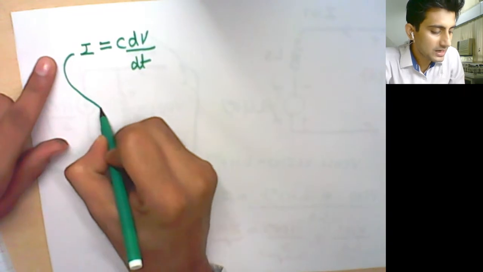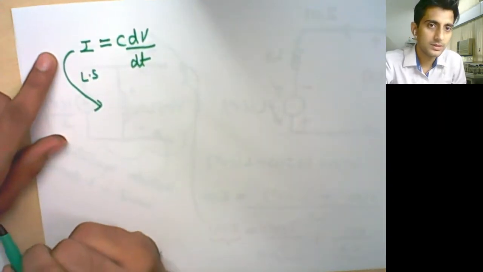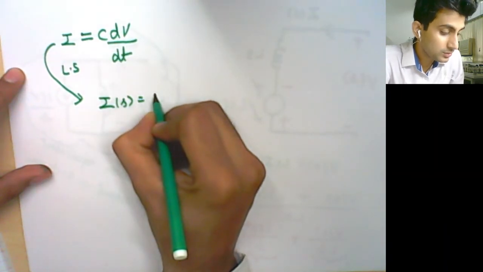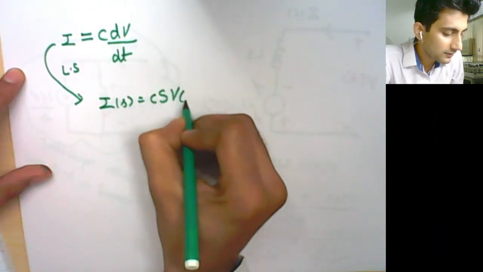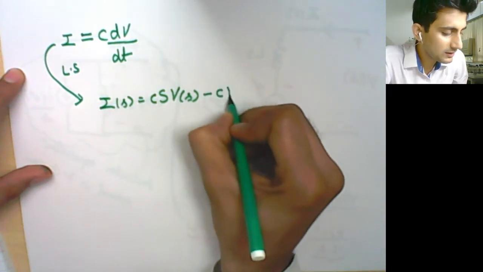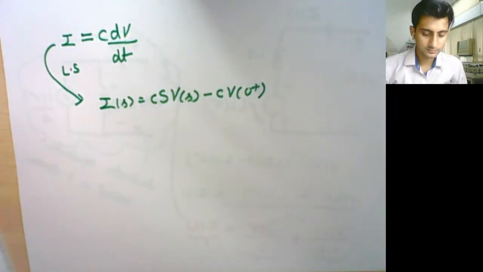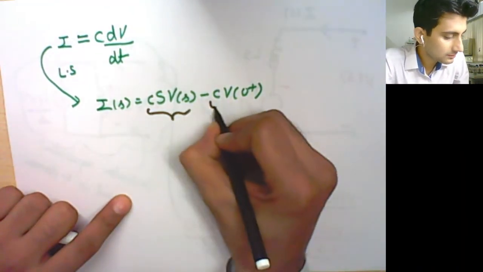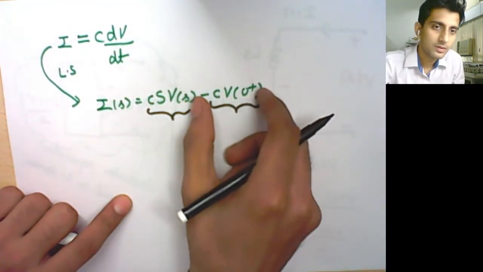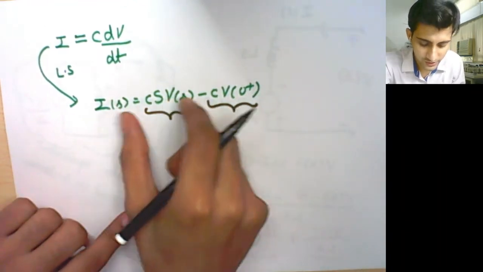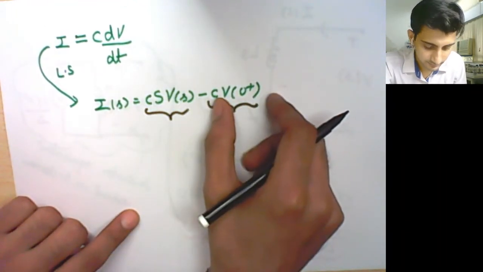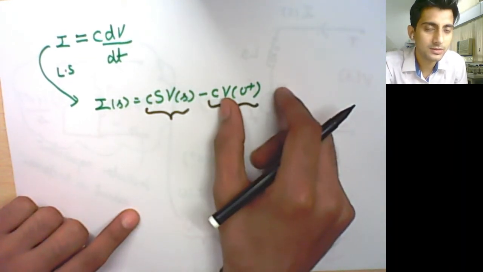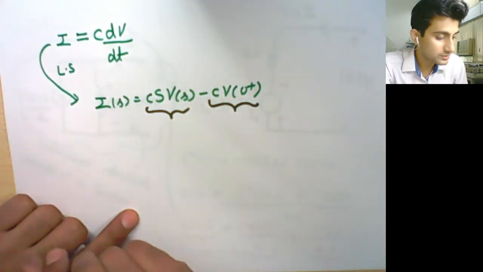And while taking its Laplace transform, what you will get is Is is equal to CsVs minus CV(0+). Will these be current sources or voltage sources? Tell me whether this would be a current source or a voltage source. Current source. Fine.